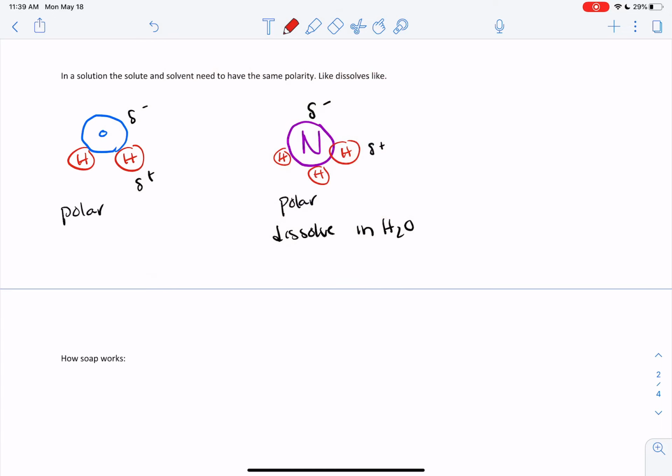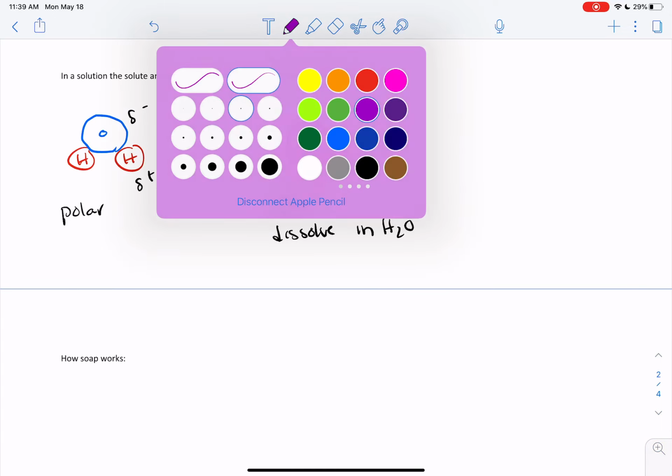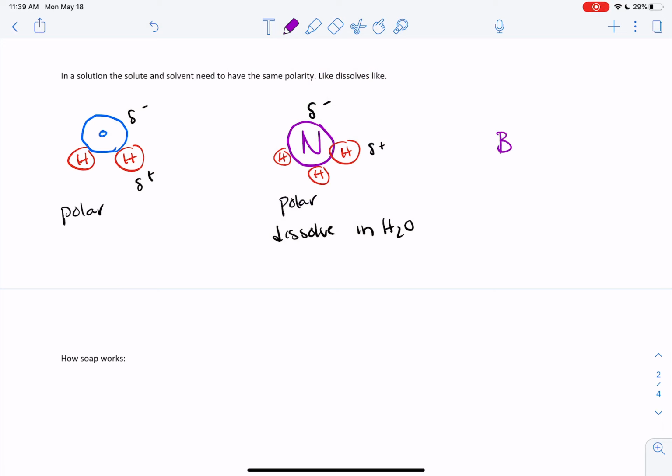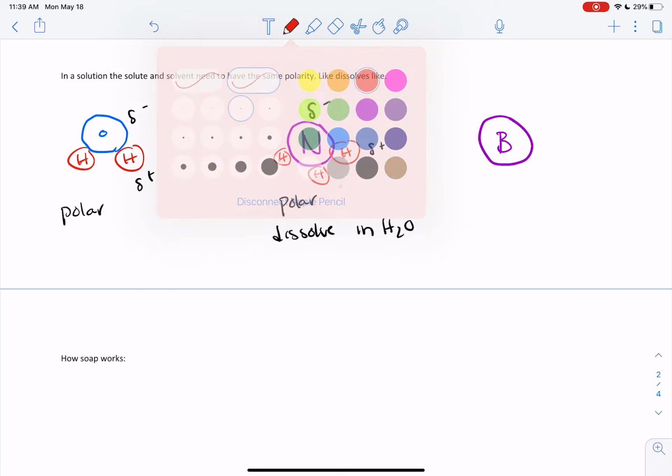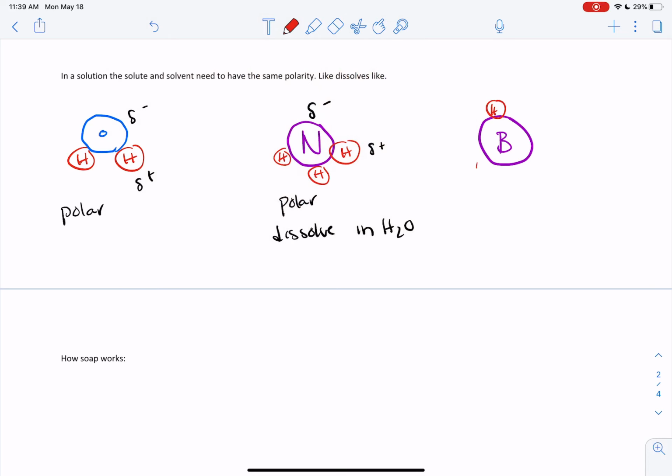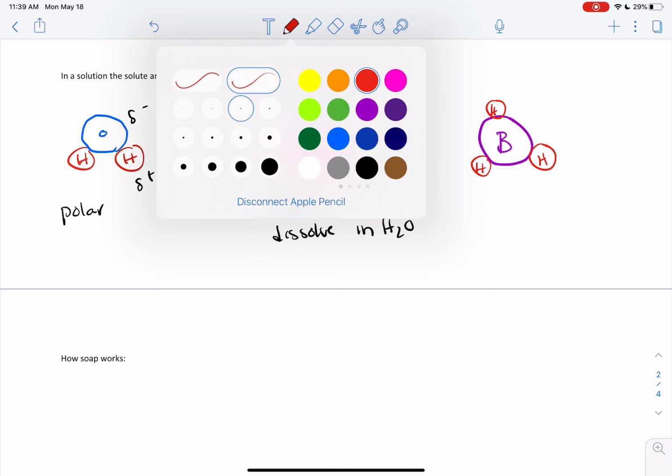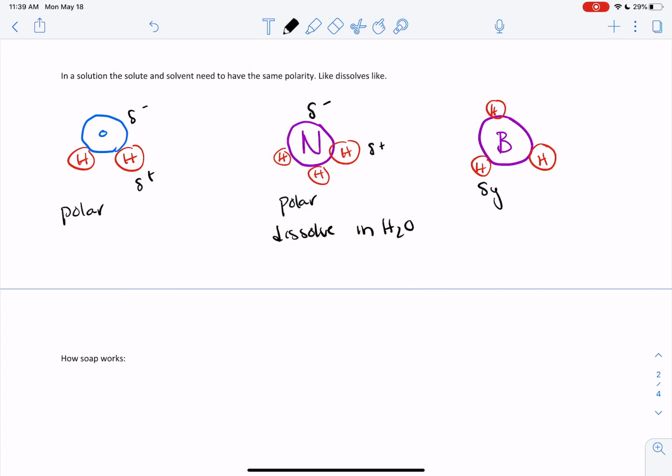However, you could have something different. You could have boron trihydride. Okay, now boron trihydride still has 3 hydrogens, but they're spread out more evenly. And as a result, you get a symmetric molecule. And symmetric molecules, we've said, are nonpolar.